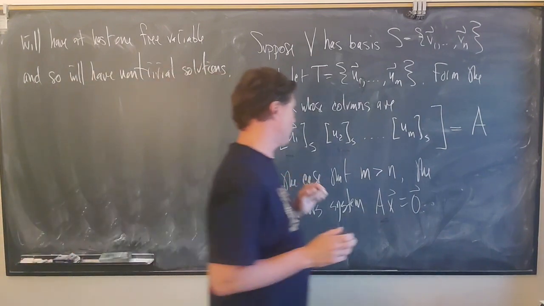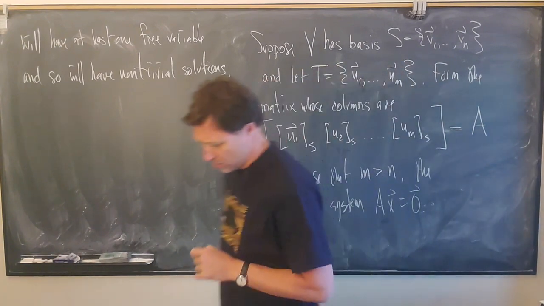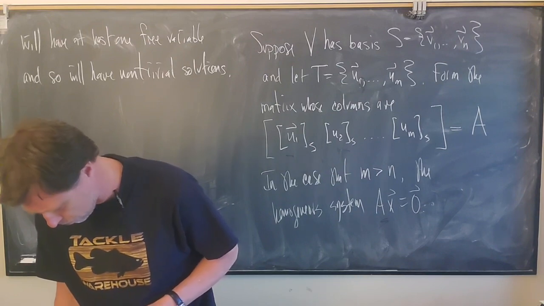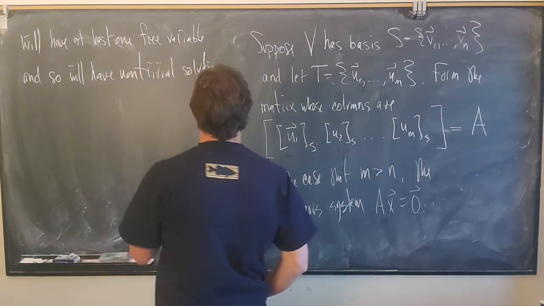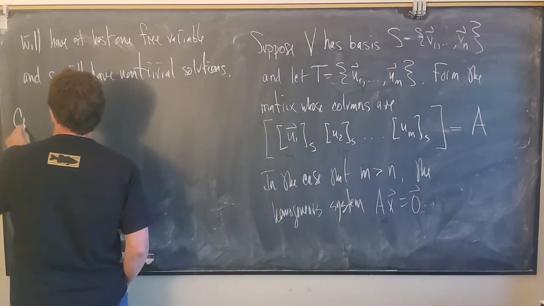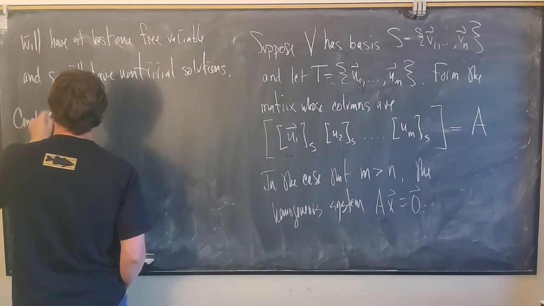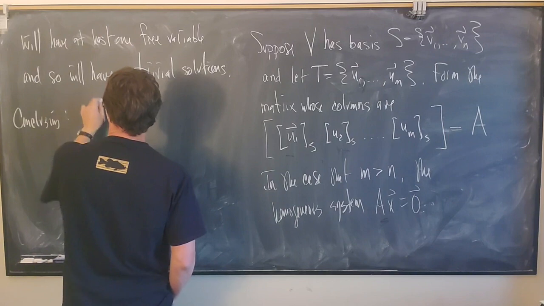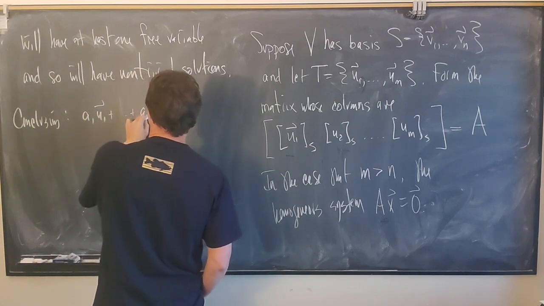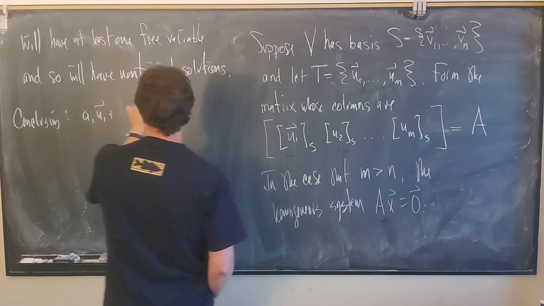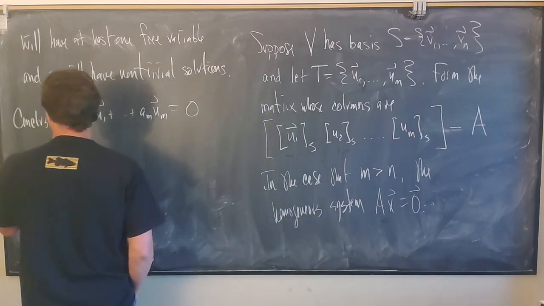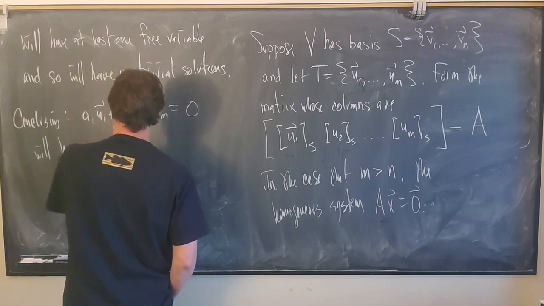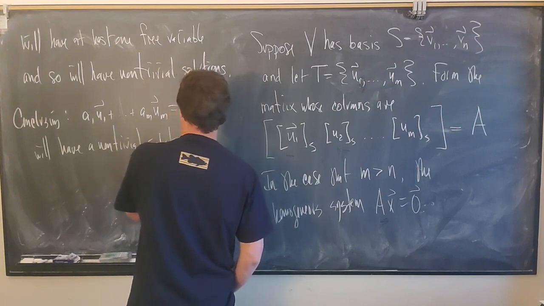What that is going to do is give us, in conclusion, the equation A1U1 plus dot dot dot plus AMUM equals 0 will have a non-trivial solution.